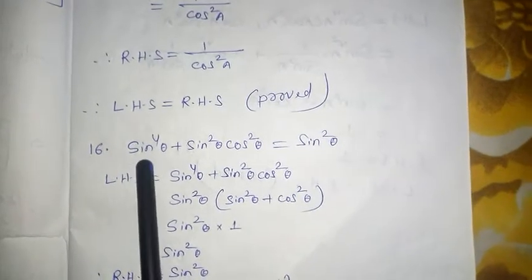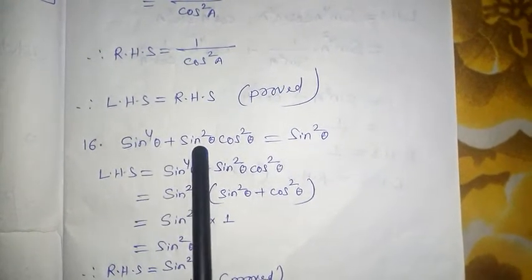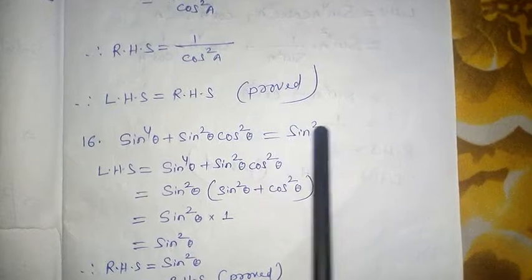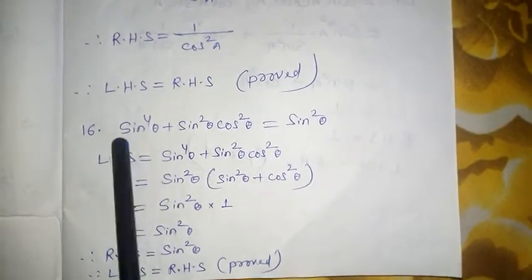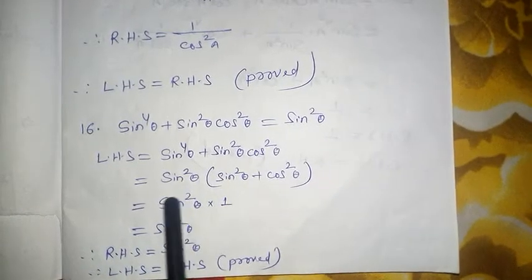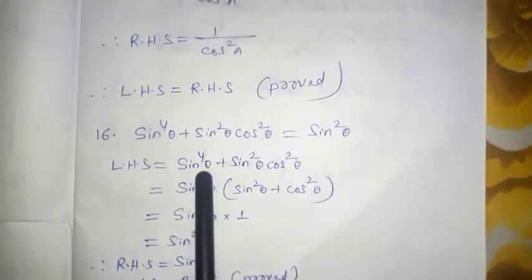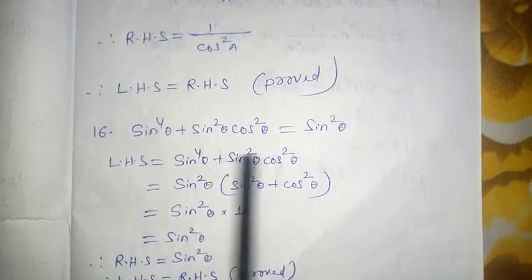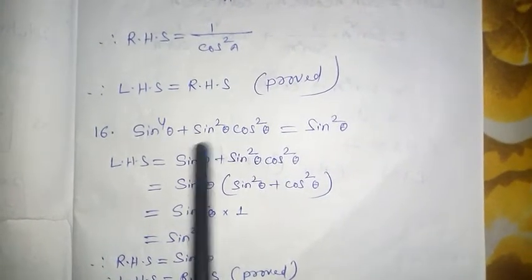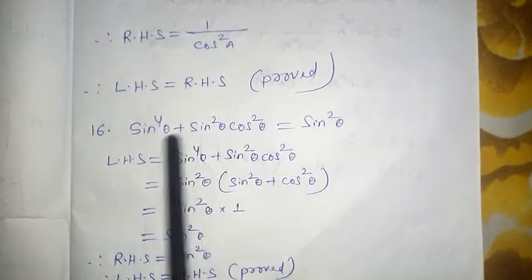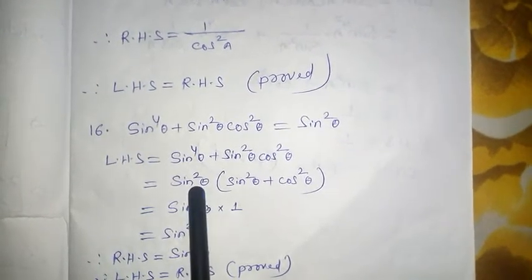Number 16: sin to the power 4 theta plus sin square theta cos square theta equals sin square theta. This is LHS, this is RHS. First I will take LHS. I wrote the same thing here, and then I used one technique. In both portions sin square theta is common, because sin to the power 4 means sin square is even inside here. So I wrote sin square theta common.